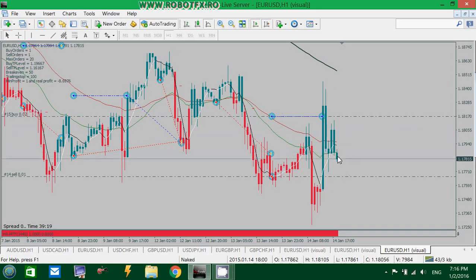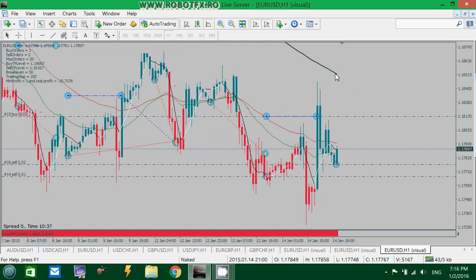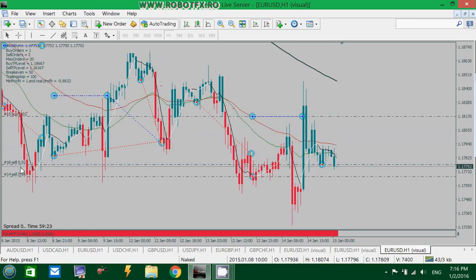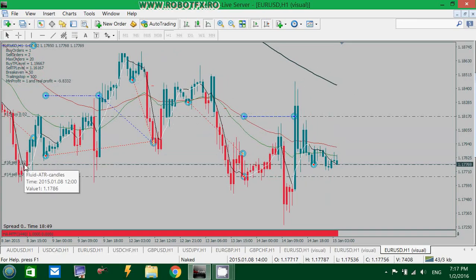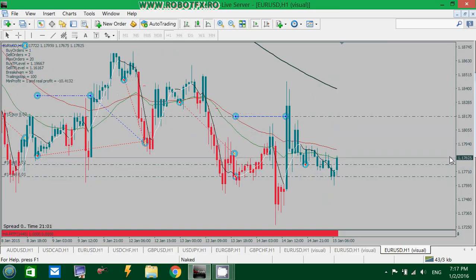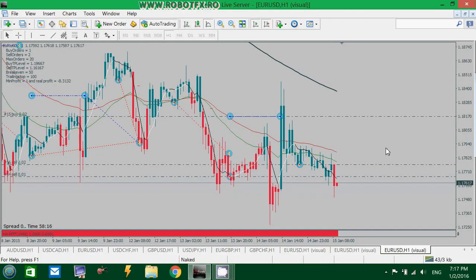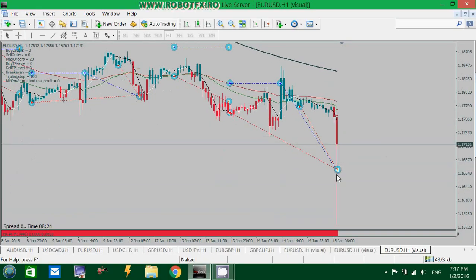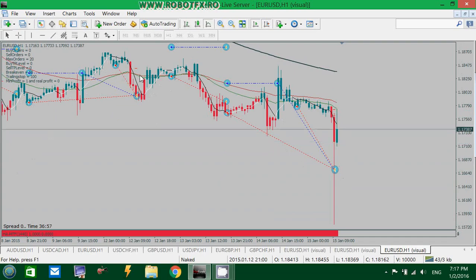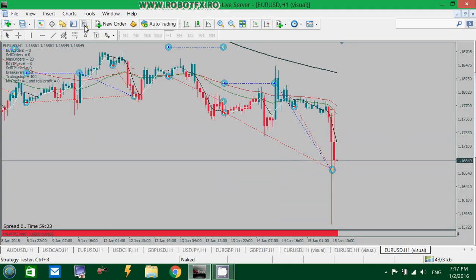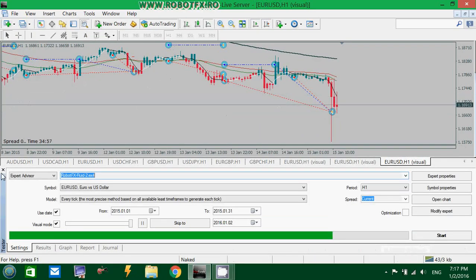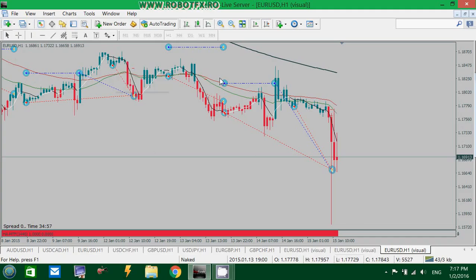The EMAs are aligned for a downtrend and the price is below the slow moving average, and it opened another sell, 0.02, according to the trend, and closed it again when the profit reached the minimum profit, and we close here.